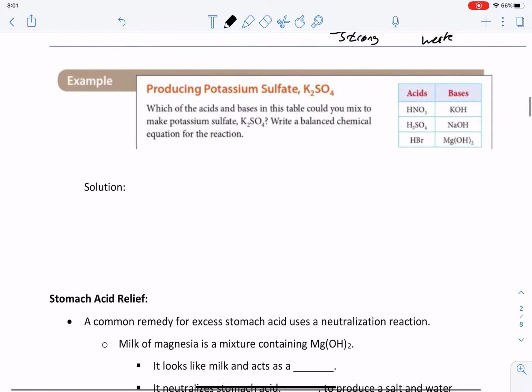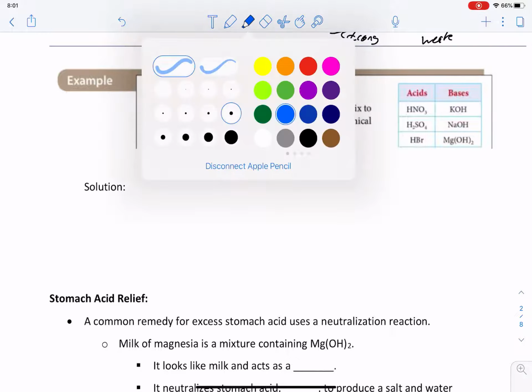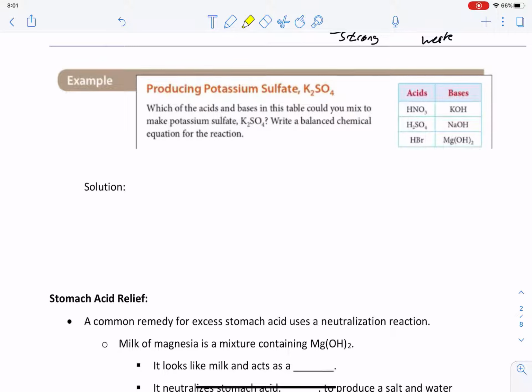All right, so let's take a look at this example. Which of the acids and bases in this table could you mix to make potassium sulfate, K2SO4, and write a balanced chemical equation for the reaction. So a little deductive reasoning. We know our acid and base have to have potassium and sulfate.